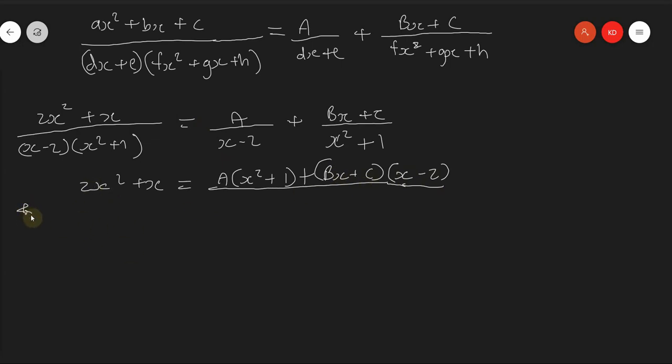So for x equal 2, we're going to have 2 times 4, because 2 squared is 4, plus 2, and that's equal to a multiplied by 5.